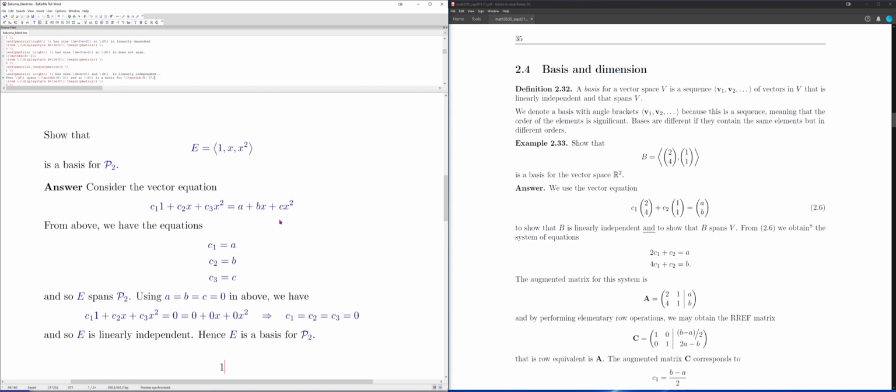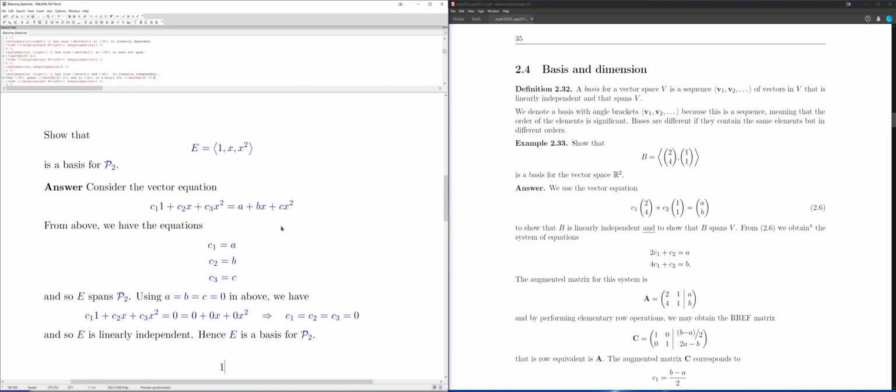So for example, the coefficient of x squared over here is c, and that needs to be equal to c3 over here. So I get my third equation, c3 is equal to c. Likewise, looking at the power of x to the 1, I get c2 equal to b. And likewise, the power of x to the 0, or just the constant term, is c1 over here and a over here, so this gives me c1 is equal to a.